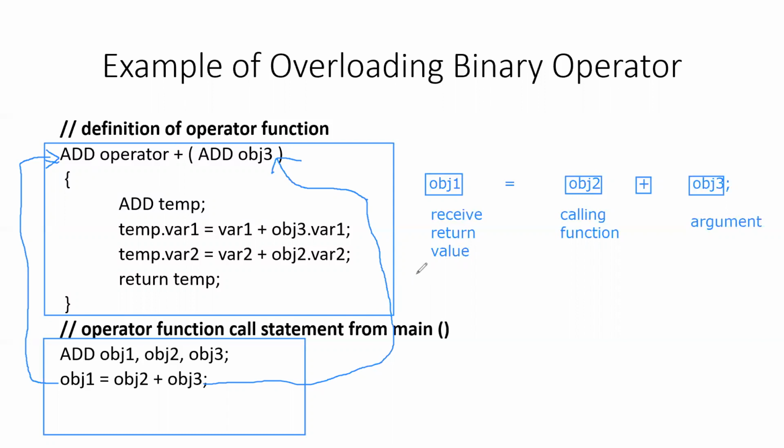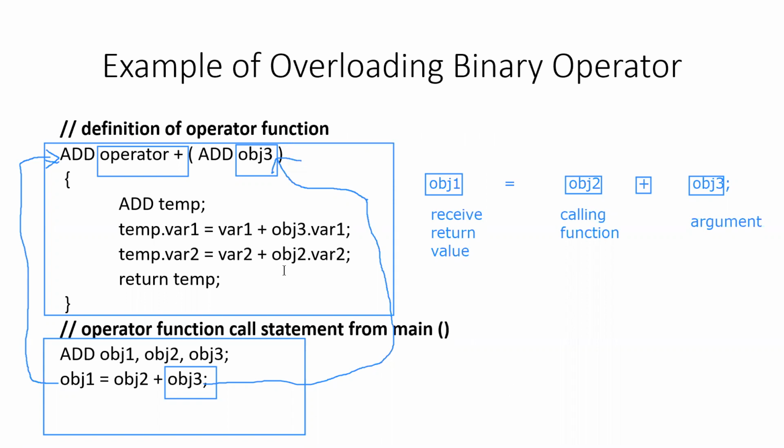The object 3 at the bottom is the local object of the main function, whereas object 3 that you see here is local to the operator plus function. It is not necessary to name it as object 3. The object in the argument list of the operator function can be named object 4, object 5, or anything. In this case, we have named it object 3, but please do not confuse that both of these are the same.